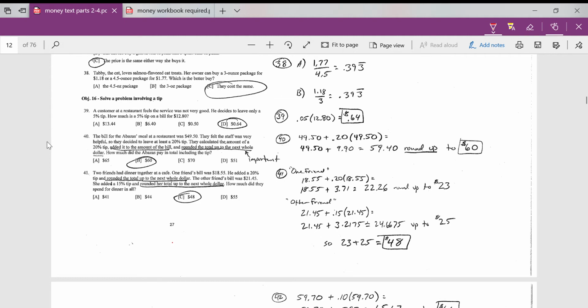And the main idea that we are going to use is the idea that we did this before. When you're finding a part, which a tip is going to be part of your total, percent of your total, is going to be the percentage as a decimal.